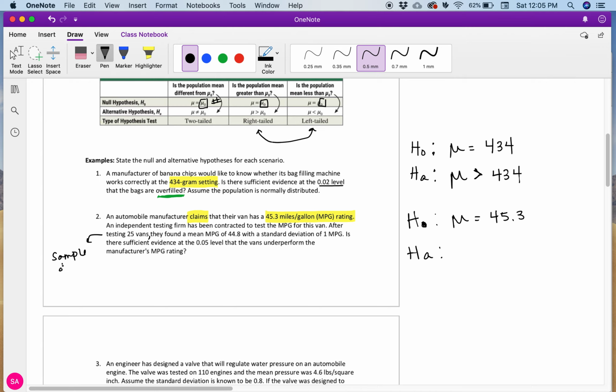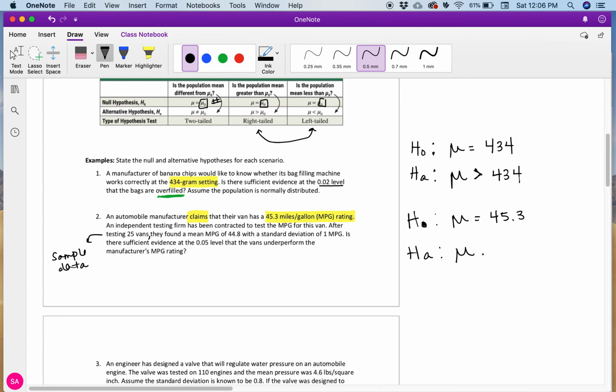We will be using this data later in the hypothesis test process, when we use sample data to create a test statistic. But we don't use the sample data for our null or alternative hypotheses. The sample data will come in later.